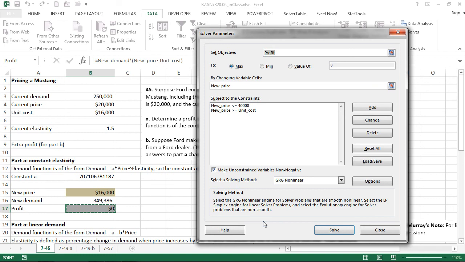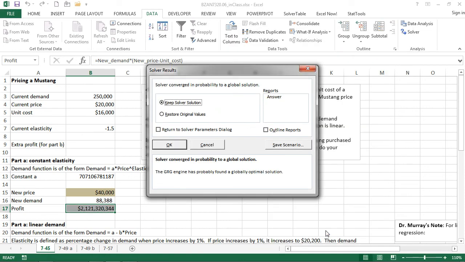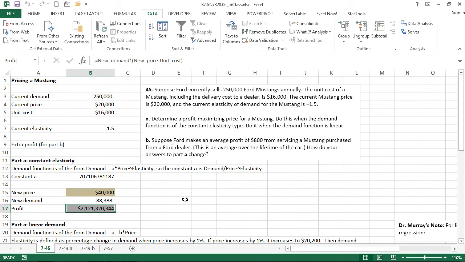All right, so let's solve and see what happens. Wow, converged on a solution already, and the solution was 40,000. All right, so now we get to find out whether this is the right answer, okay?